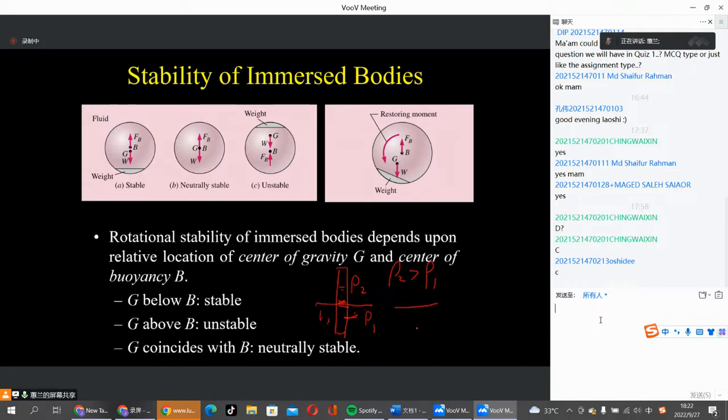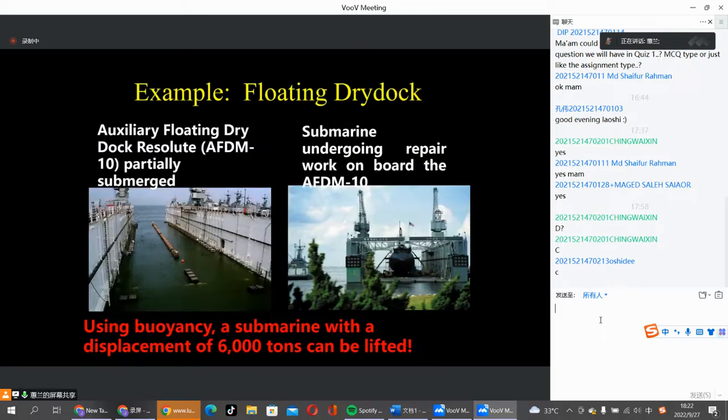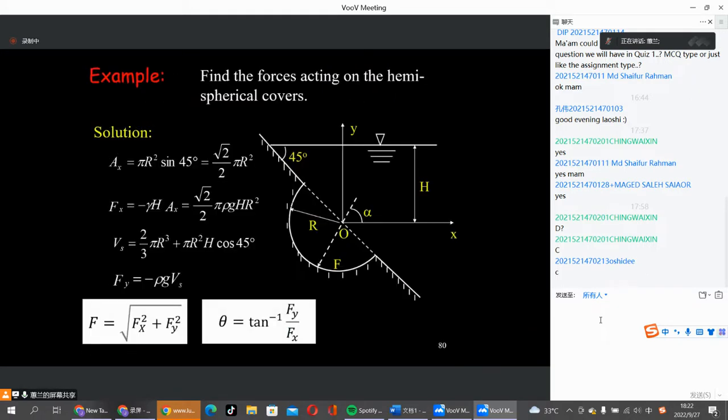And finally, when Z2 becomes Z1, it will be stable. Stable means it will always return to its balance point. Anyhow, you have learned stability before, so we don't do too much exercise here.